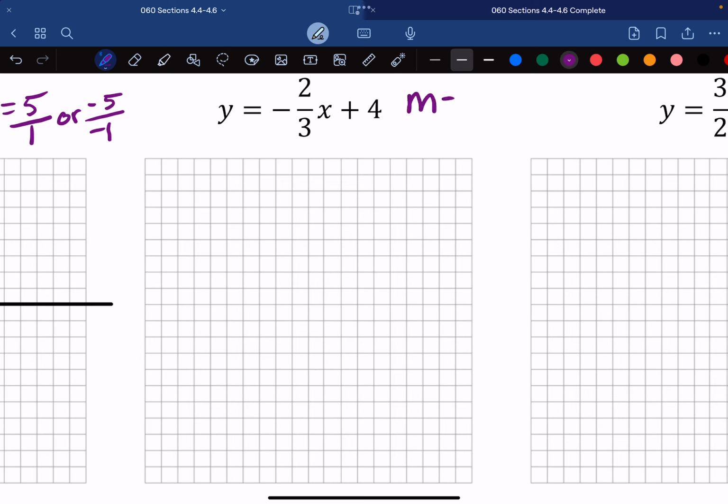My slope is -2/3. The negative can go with the 2 or with the 3. And my b value is 4.